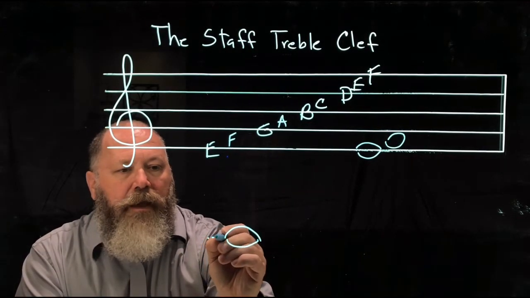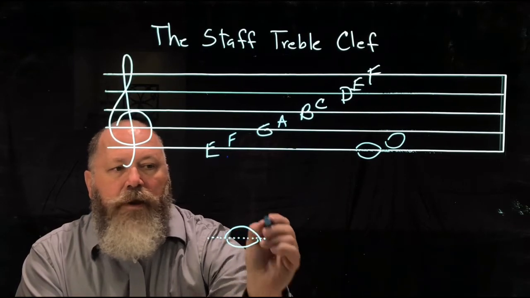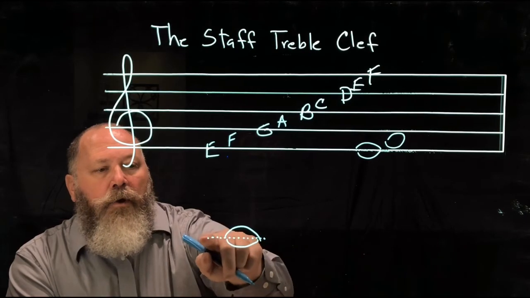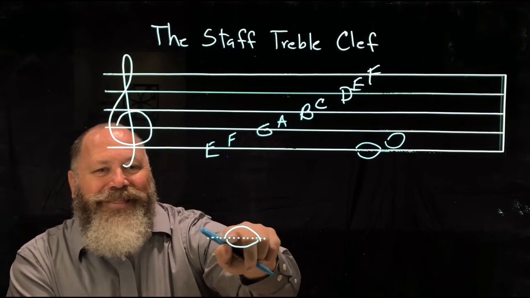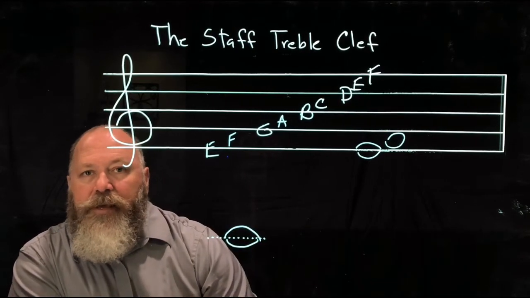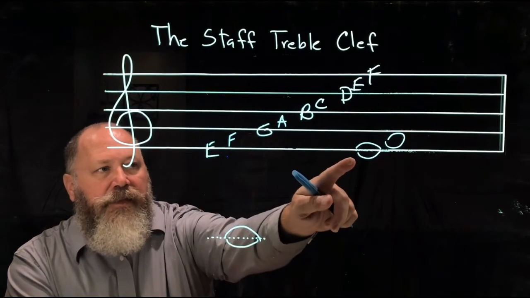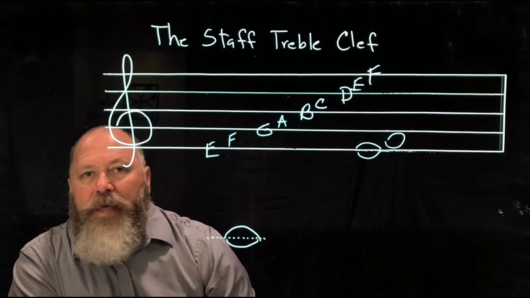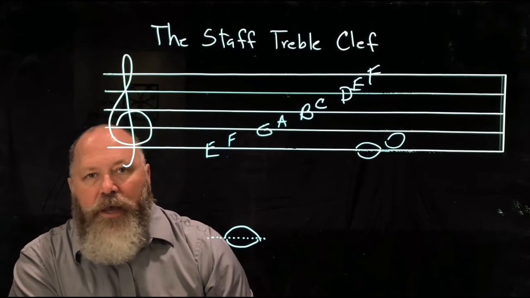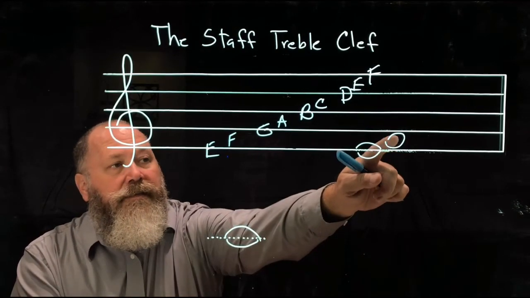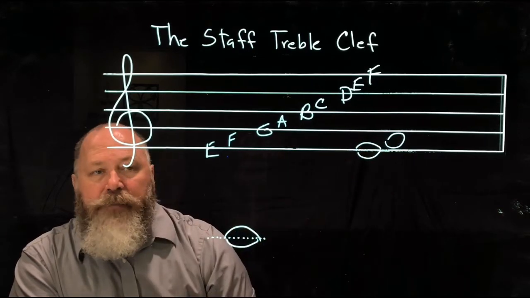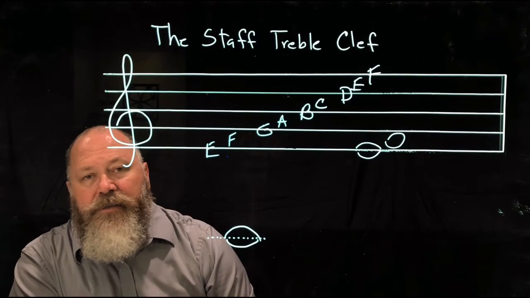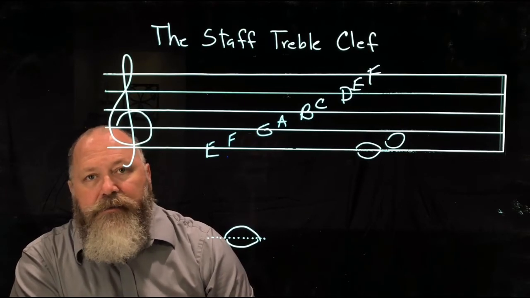What we need to look at is the space right through the center of the note head. Whatever happens in that space is where the note sits. In the case of this note, there's a line going through the middle of the note. So that note is said to be on the line. This note, there is space at the middle of the note. So that note is said to be on a space.